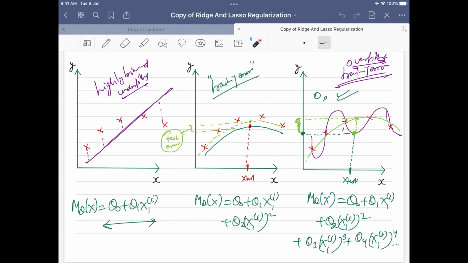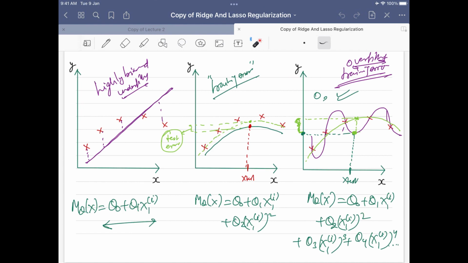Okay, so in this particular situation, we want to play around with these thetas. Like we want to know which of these thetas are important. In this example, you will observe that only theta 1 and theta 2 are important, and theta 3 and theta 4 are not important, because if you keep theta 3 and theta 4 into consideration for this model, it will give you a highly overfitting curve which you do not require at all.